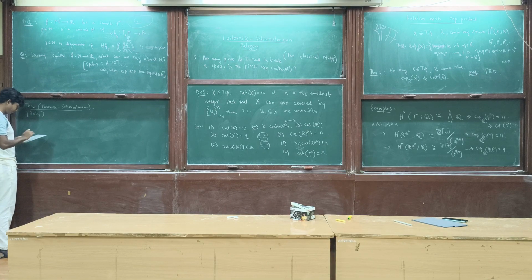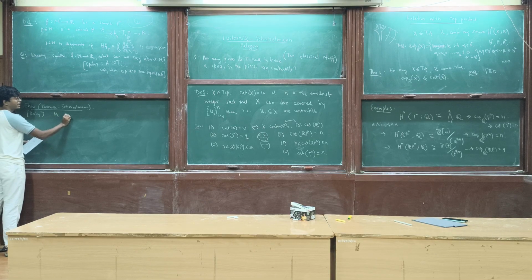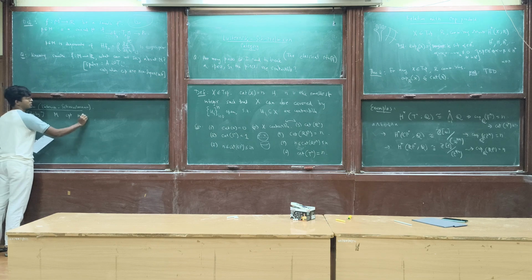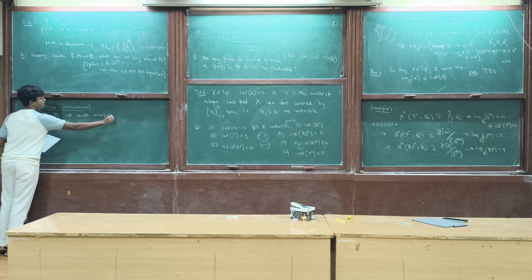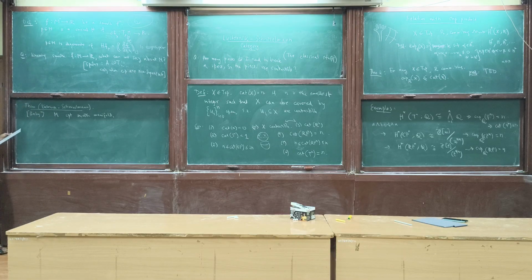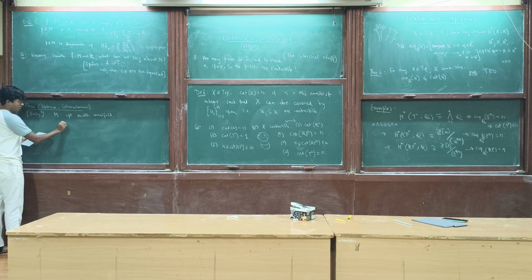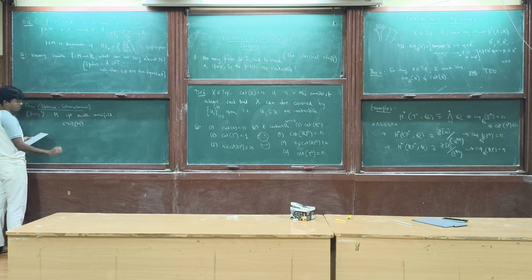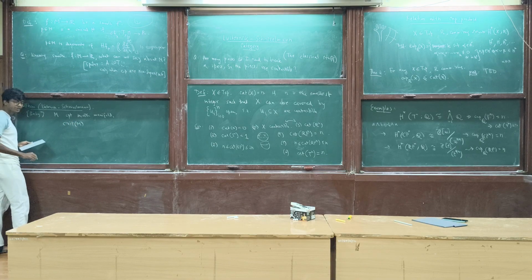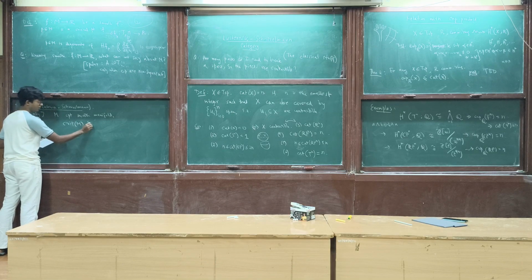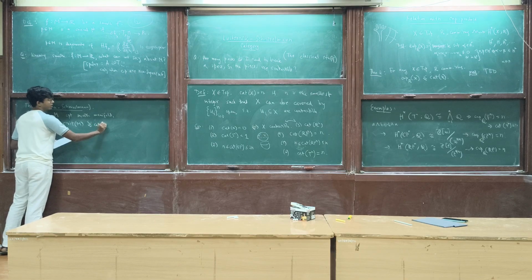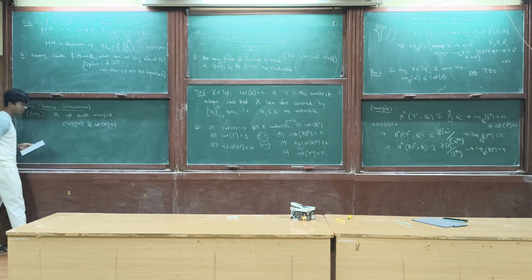Let's say M is a compact smooth manifold. Then the number of critical points, note that I didn't put any function on it, is greater than or equal to the LS category of M plus 1.